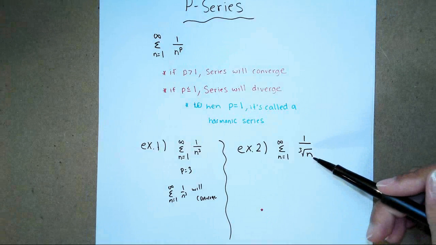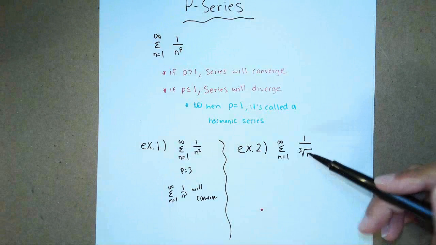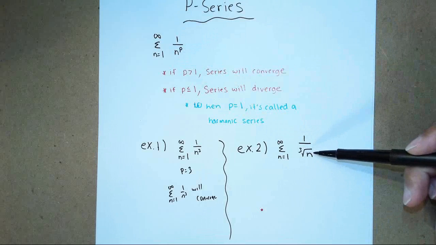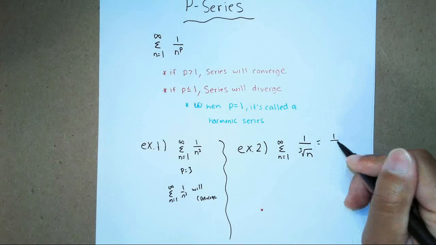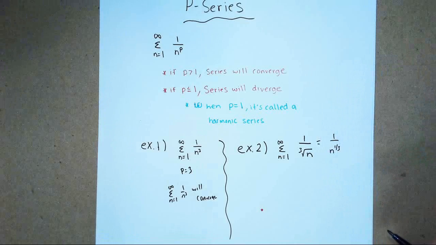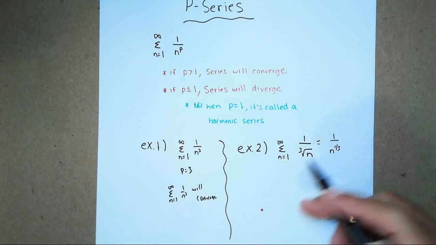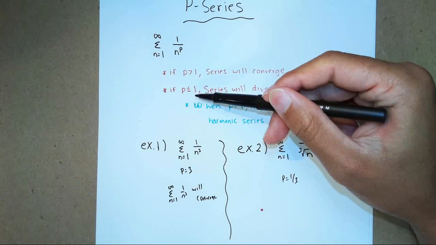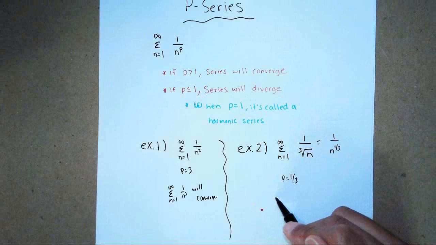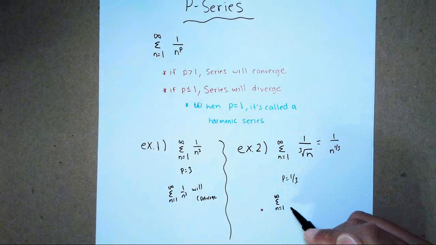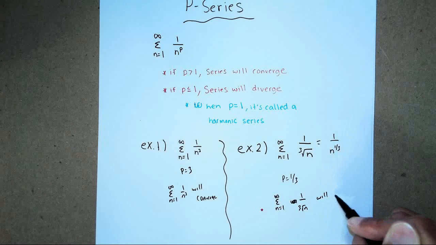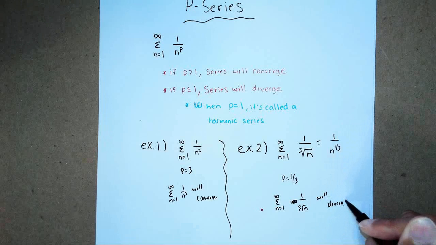Now, last case. This kind of looks like 1 over n. The problem is it's not a power, it's a cube root. Well, I can definitely rewrite this. Isn't this the same thing as 1 to the third? Well, now I have that form to a power where my p is equal to 1/3. And then I'm going to ask, okay, is it greater than 1 or less than 1, which is definitely less than 1. That means that this series of 1 over the cube root of n will diverge.